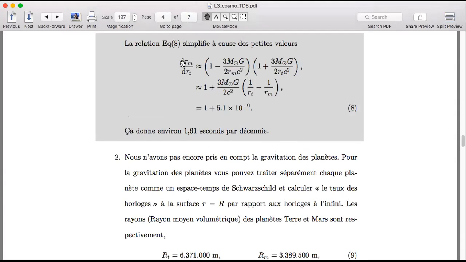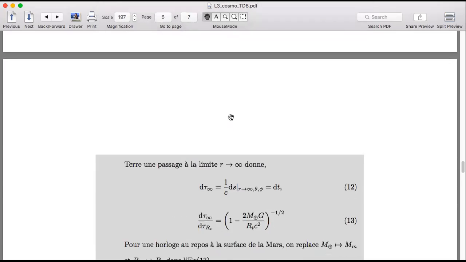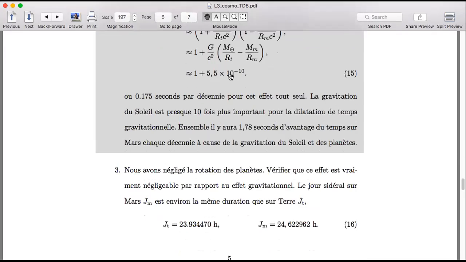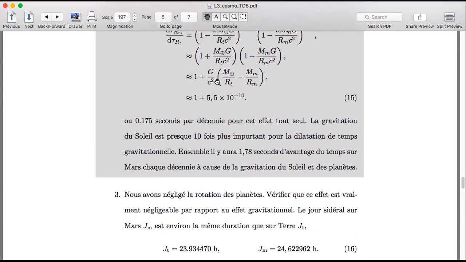So let's remember what this means. This is the rate of the time difference in clocks on Mars and Earth due to the Sun's gravitational field here. And in the second calculation, we're just looking at the respective gravitational fields of Earth and Mars, and finding an effect that's 10 times smaller, but working in the same sense, that we have more time on Mars for a given time interval on Earth.